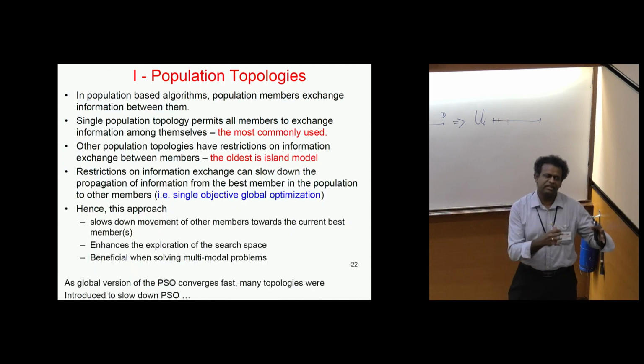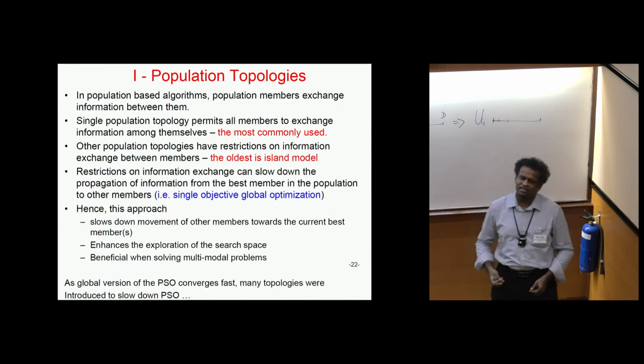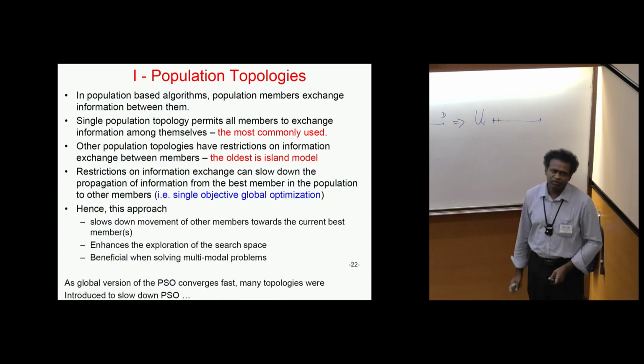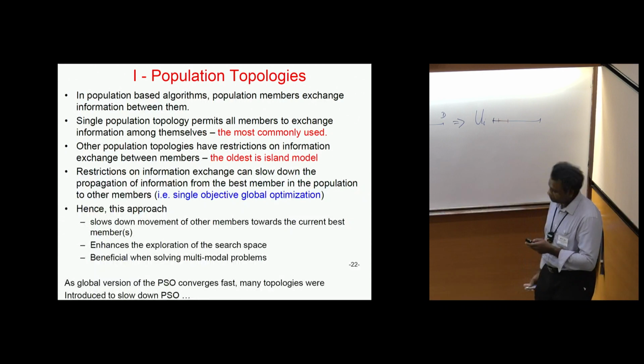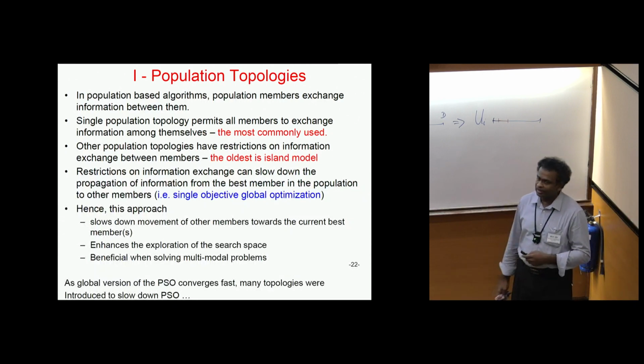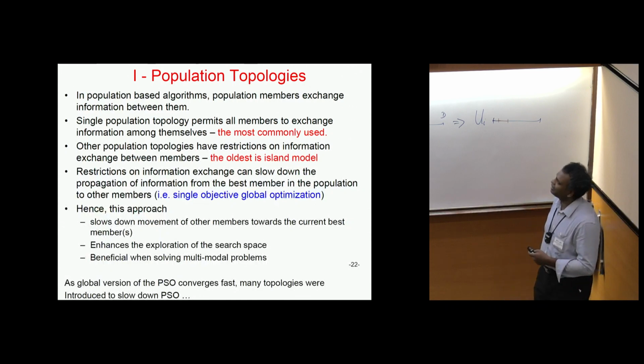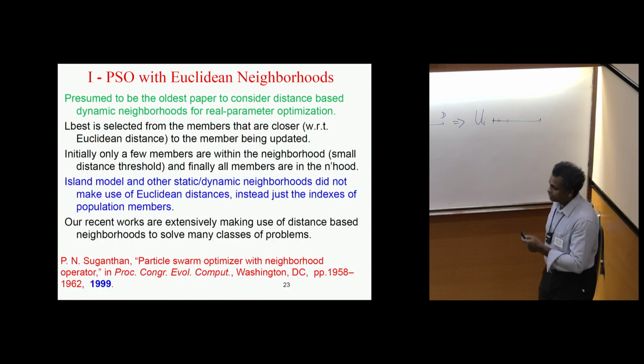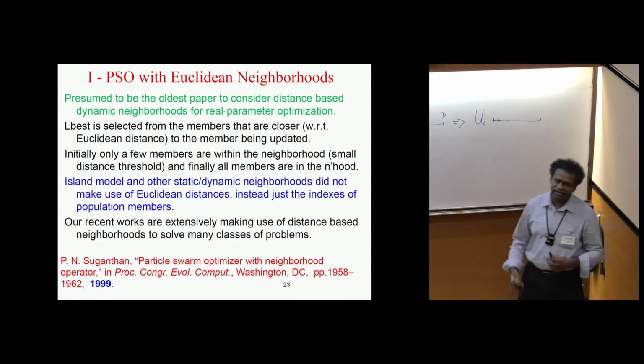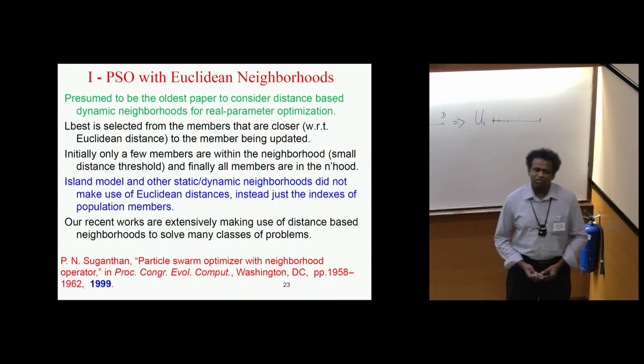So the exploration will happen in a localized manner at different places, and then you can possibly have better solutions. So topologies are certainly going to be useful for evolutionary algorithms in the case of real parameter, real variable optimization. Using Euclidean distances, I did some work with PSO because PSO has the problem.